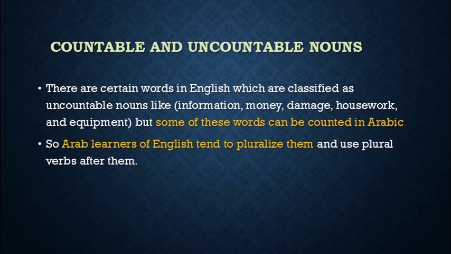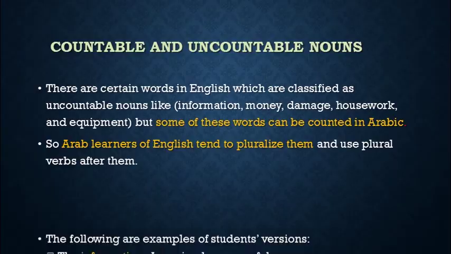Therefore this would lead to mistakes regarding the use of the correct form, whether countable or uncountable. So Arab learners of English tend to pluralize them and use plural verbs after them. They would say informations, they would say monies, maybe, they would say equipments, and so on.